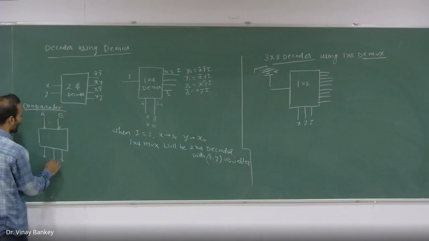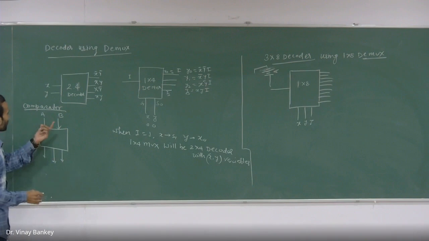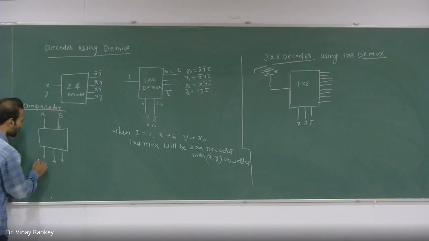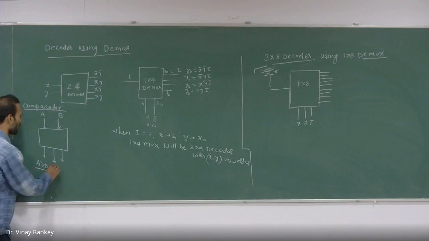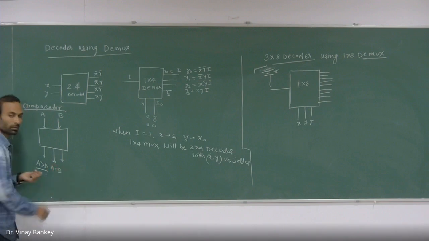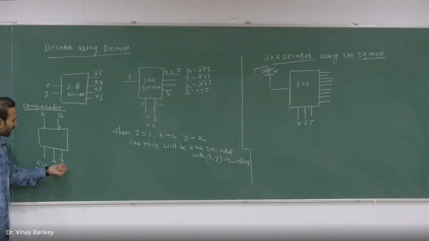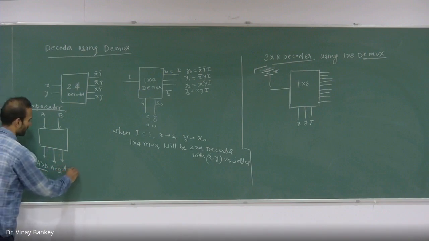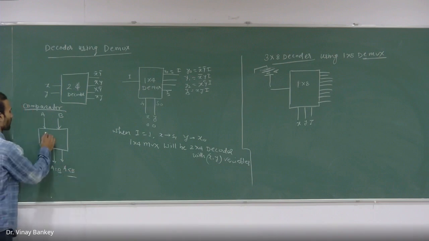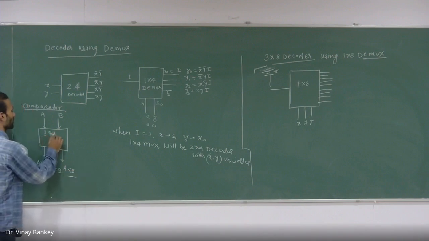What will be the 3 outputs? There will be a case where A is greater than B. There may be one case where A is equal to B. Or there may be a case where A is less than B. So this is a 1-bit comparator.